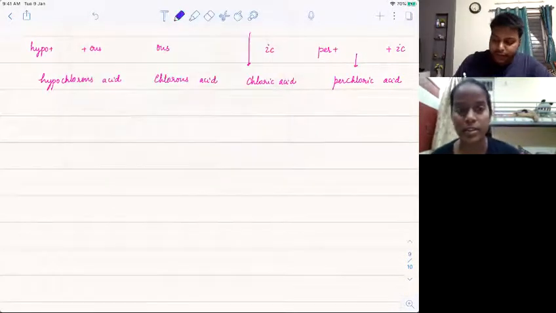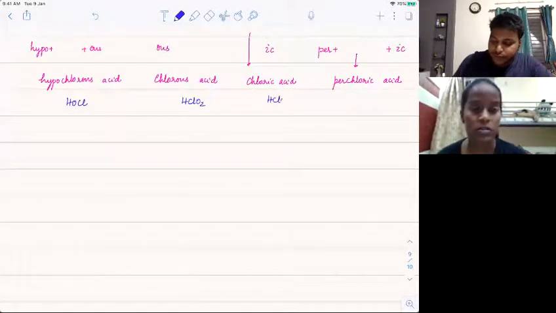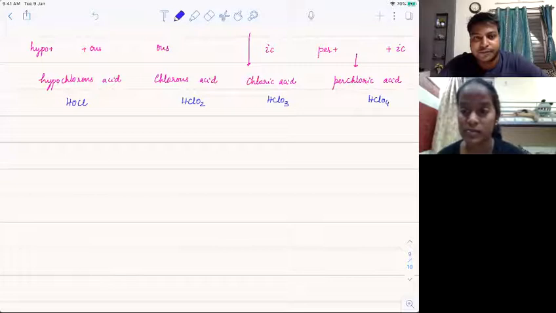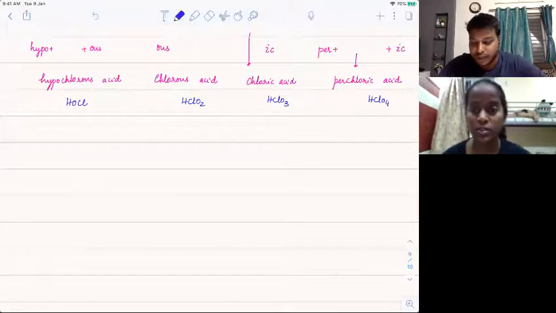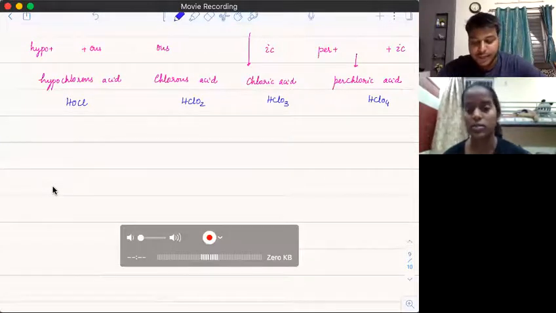So if we write that again, this is HOCl, HClO2, HClO3, and HClO4. So how these are different acids, I hope you understood. So hypochlorous, chlorous, chloric, and perchloric. How it is to be added, I hope you understood. So these are the acid forms.